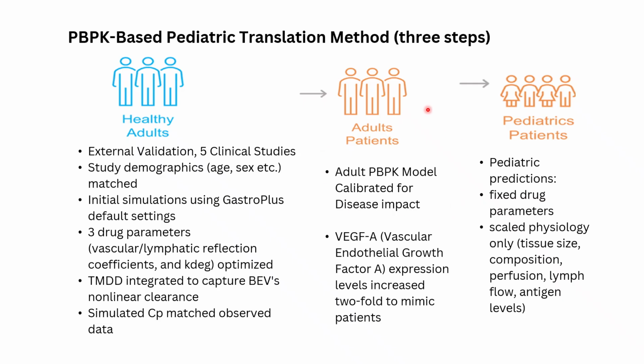Once the model was validated using adult patients, pediatric predictions were made by fixing drug-specific parameters and scaling only the physiological parameters such as tissue size, composition, perfusion rate, lymph flow, and antigen concentrations to match the pediatric physiology.